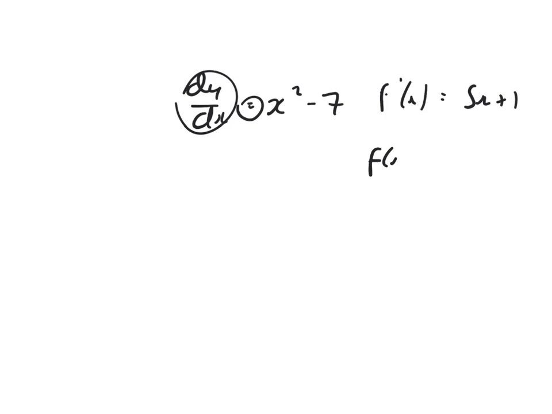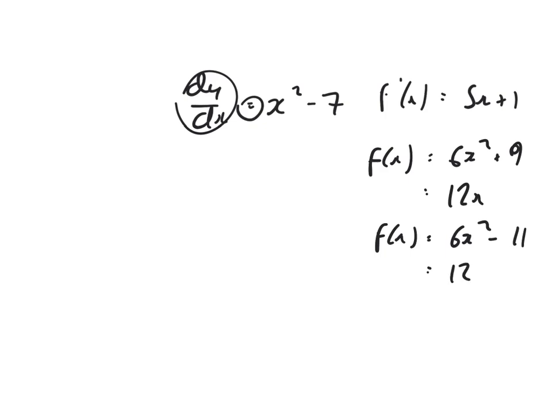Now, thinking about if you differentiate 6x squared plus 9, that will give you a result of 12x because the constant vanishes. If we then differentiate 6x squared minus 11, we would get the exact same result because the constant vanishes.